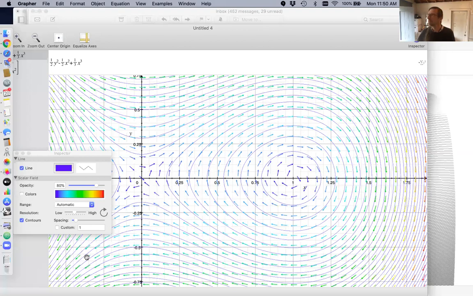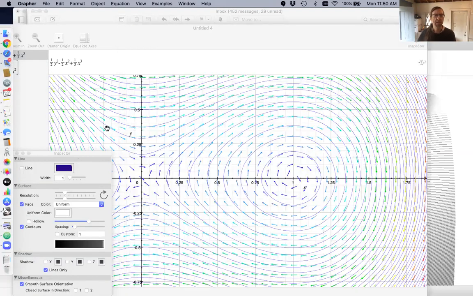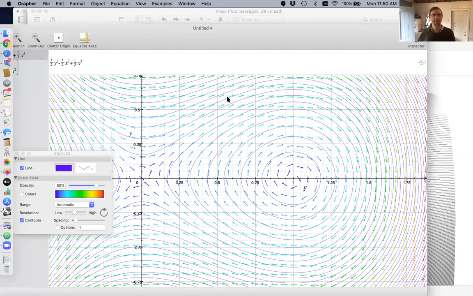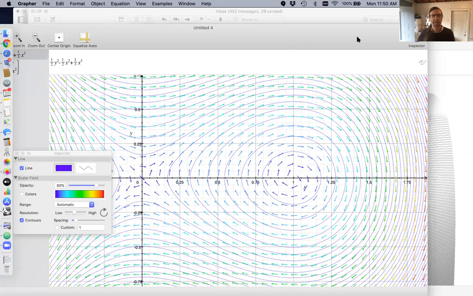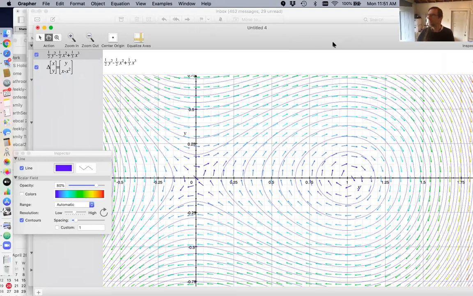Is that making sense? There's this tie between this 3-dimensional picture and this 2-dimensional picture, and the level curves of the function h and the solution curves of the original differential equation.